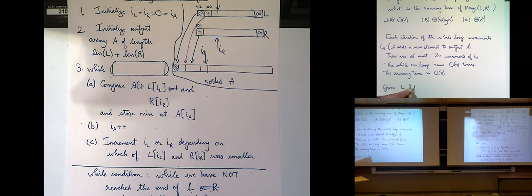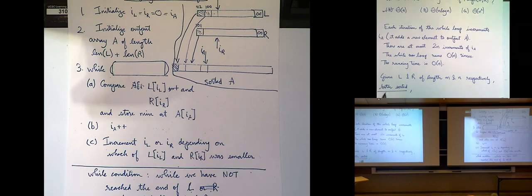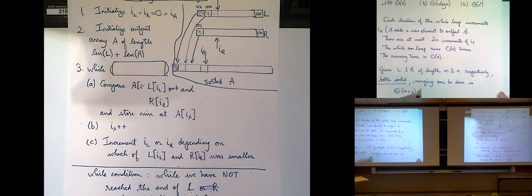Given L and R of lengths M and N respectively, this is just saying that the length of L is M and the length of R is N, both sorted, merging can be done in theta of M plus N steps, let's say running time.